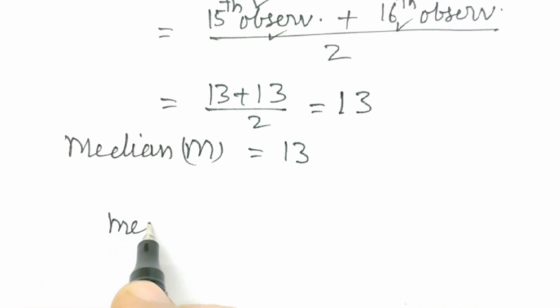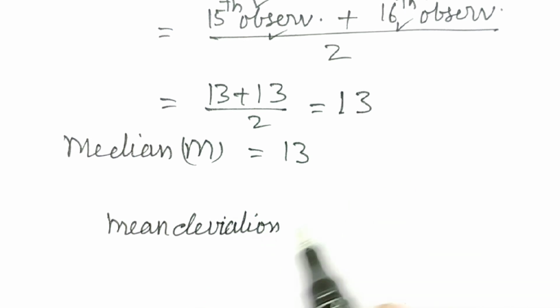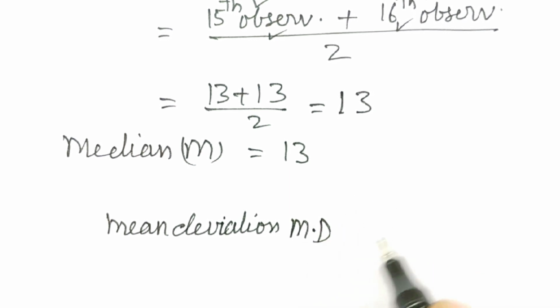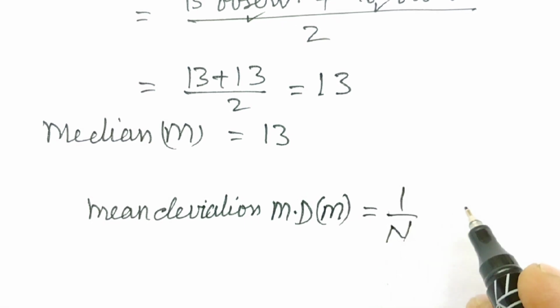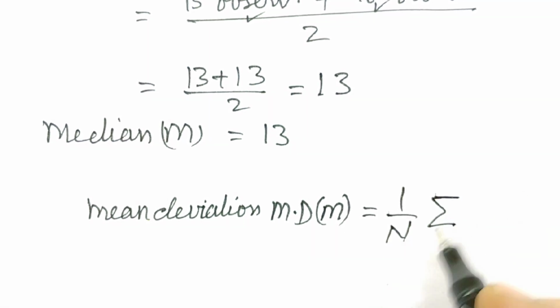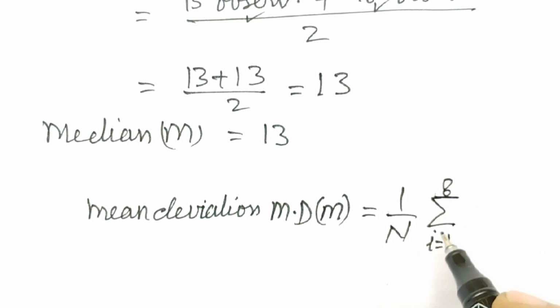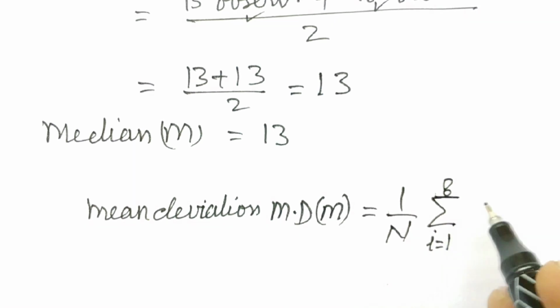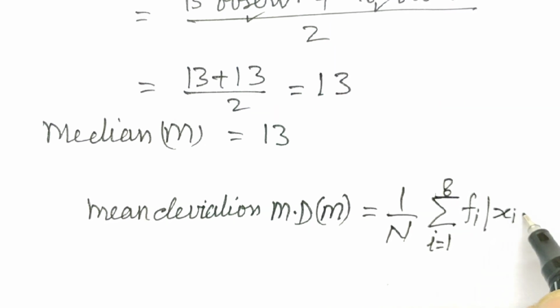Now the mean deviation about the median is equal to 1 over n, summation of i equal to 1 to 8, because here 8 frequencies are given, of fi into mod of xi minus the median.